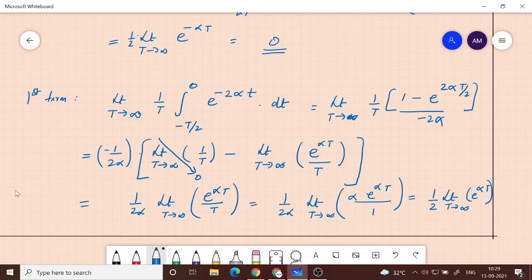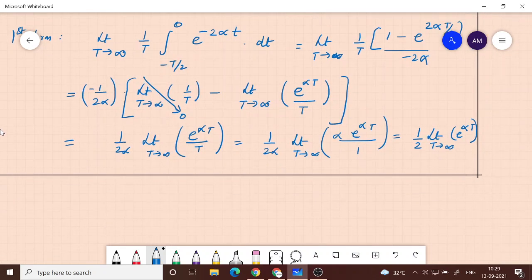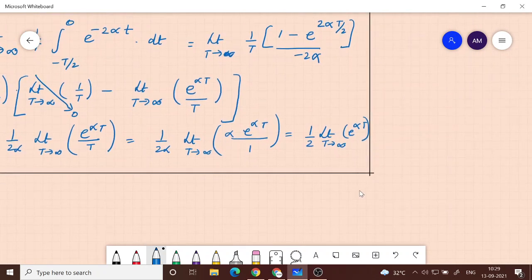So what is it equal to? Anybody? Alpha is a positive number, t is going to infinity, so this is equal to infinity.